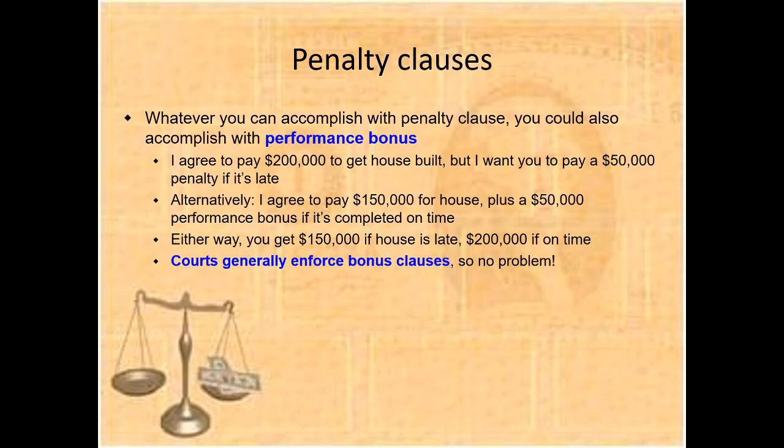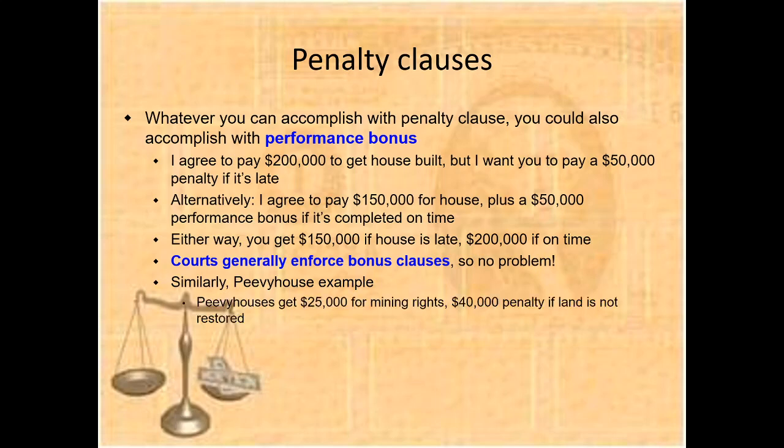Either way, you get 1.5 lakhs if the house is late, and 2 lakhs if on time. Courts generally enforce bonus clauses, so no problem. This is similar to the PV House example: PV House gets 25,000 for mining rights, and a 40,000 penalty if the land is not restored.